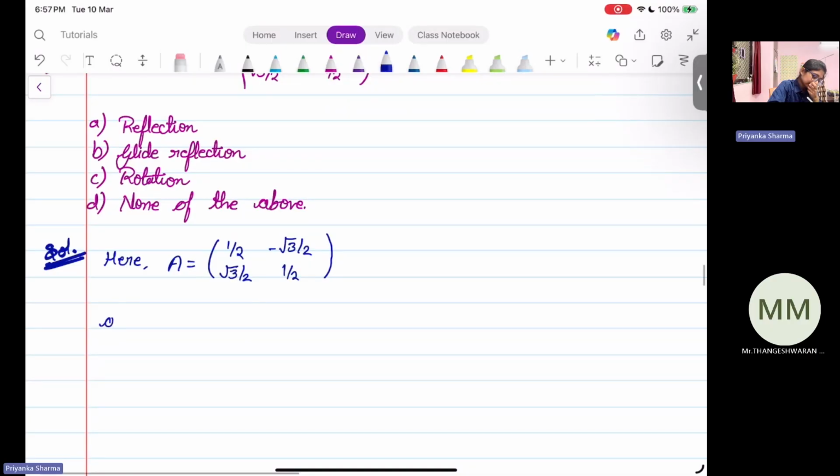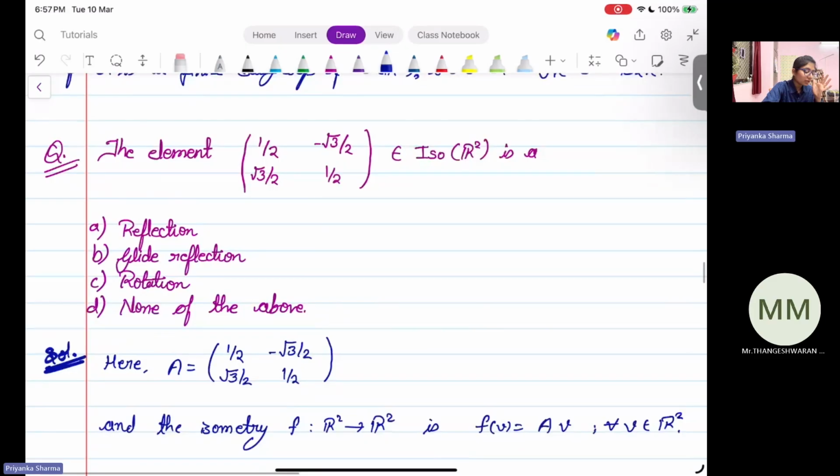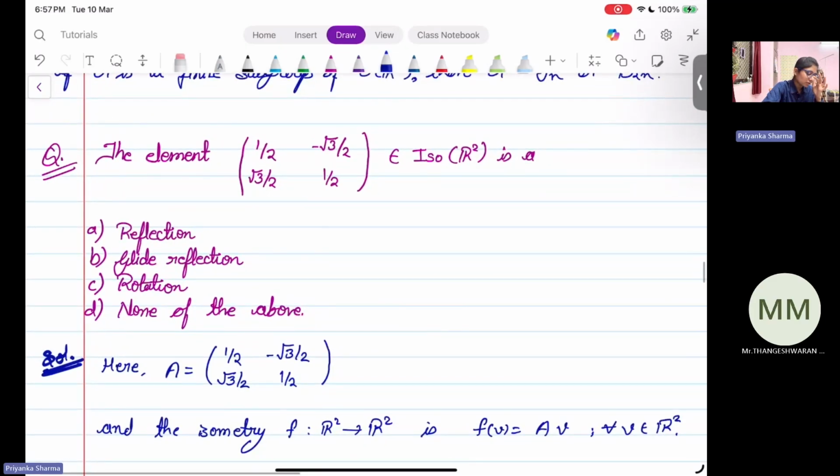And the isometry, which will be say f from R² to R², will be f(v) = Av for all v belongs to R². Okay, so this will be the corresponding isometry. So here we are representing the isometry by the matrix.